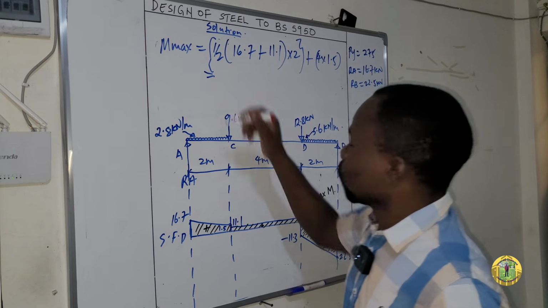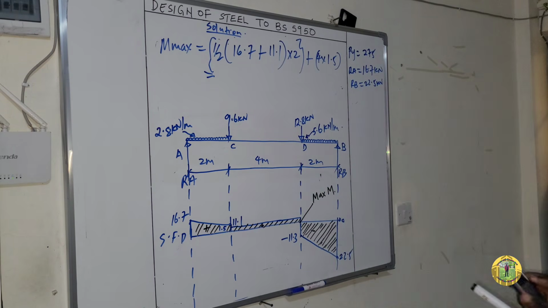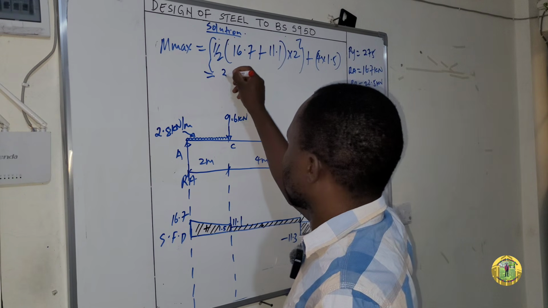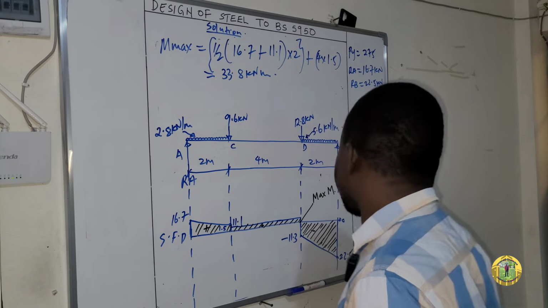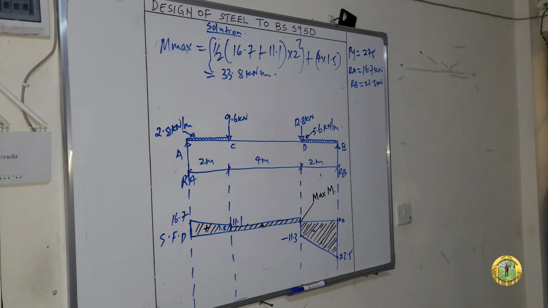So this one is equal to a half times (16.7 plus 11.1) times 2, plus 4 times 1.5. So this one is equal to 33.8 kilonewton meter.